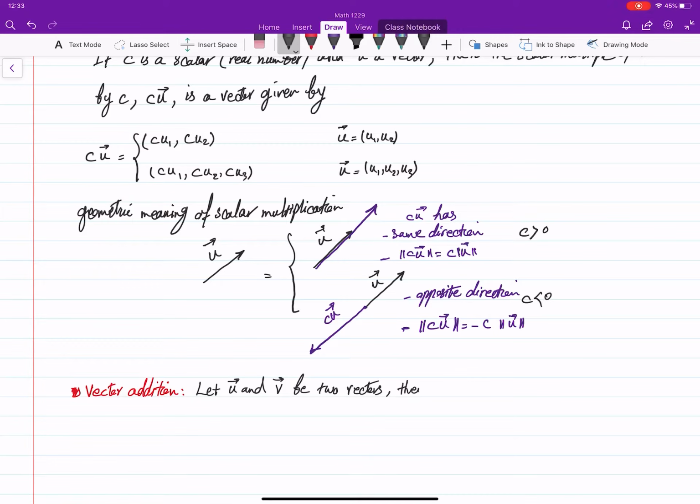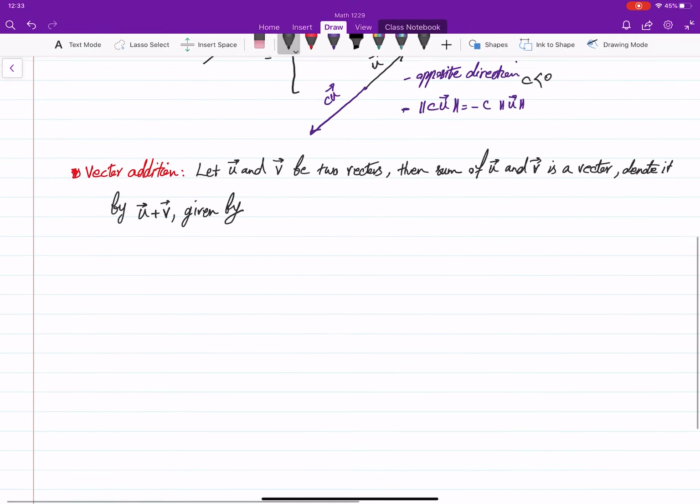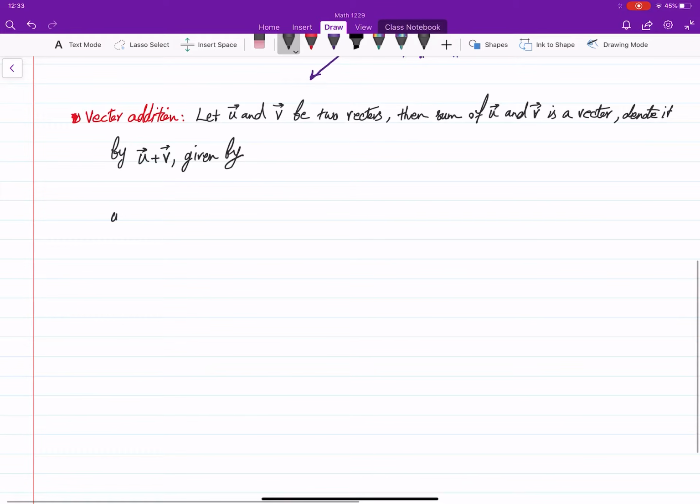Then the sum of u and v is a vector we denote by u plus v, which is given by, okay, how do we find u plus v? This is going to be a vector.